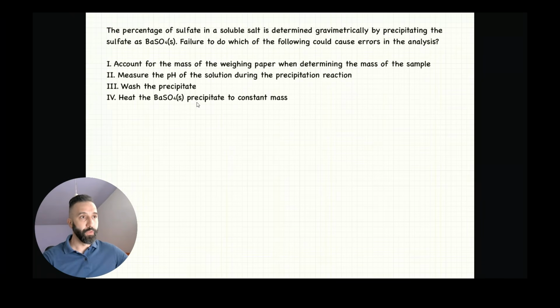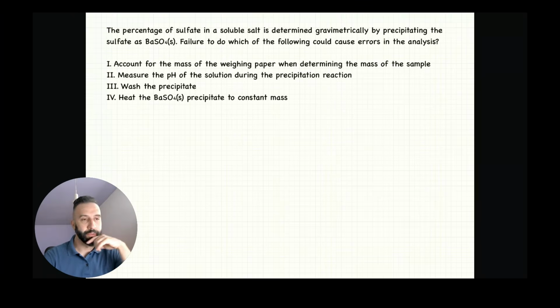Heat the BaSO4 precipitate to constant mass. Again, this is a common practice in the lab. When you're doing gravimetry, you want to measure that precipitate and you want to remove the water, right? So to remove the water, you heat it. But you heat it once for, let's say, 20 minutes, 10 minutes. Then you measure the mass.